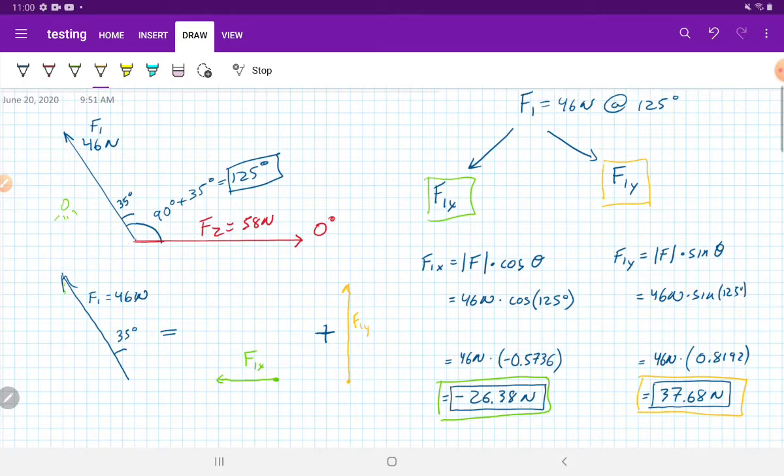And this is acting along the x direction. So there's my F1x, and this is acting in the y direction.